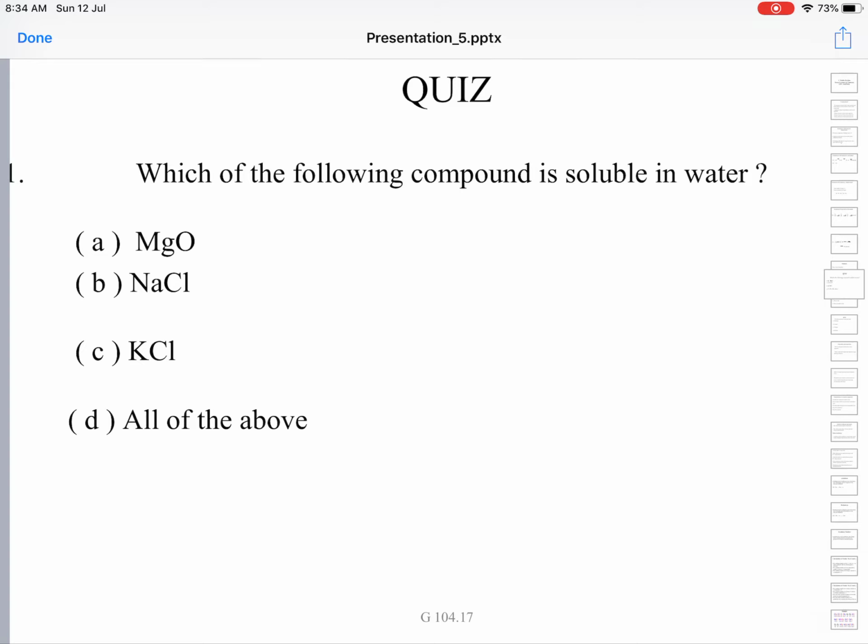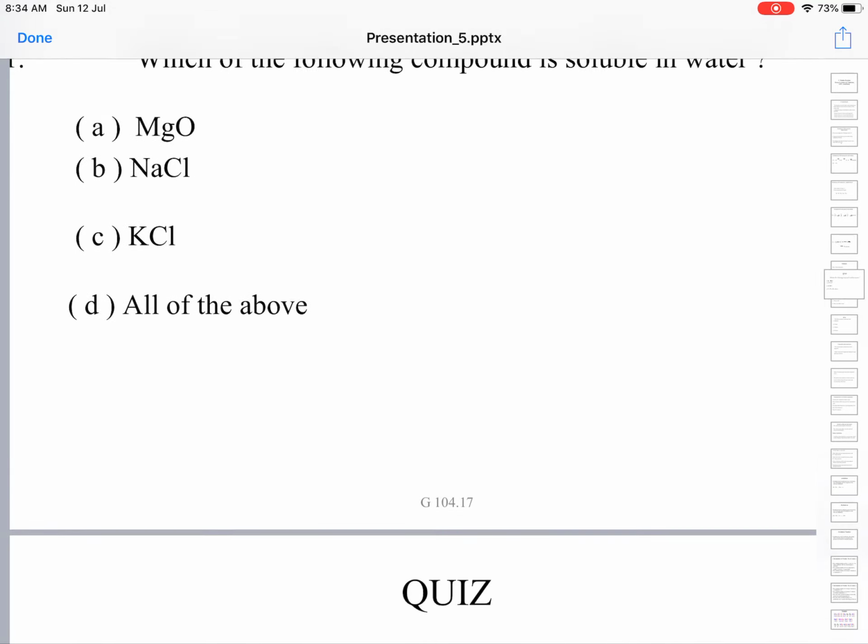In the discussion of characteristics of ionic compounds, we have learned that ionic compounds are soluble in polar solvents like water. So, magnesium oxide, sodium chloride, potassium chloride, all being ionic compounds, are soluble in water. The answer is D, all of the above.